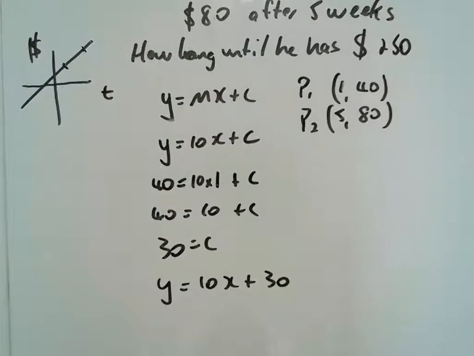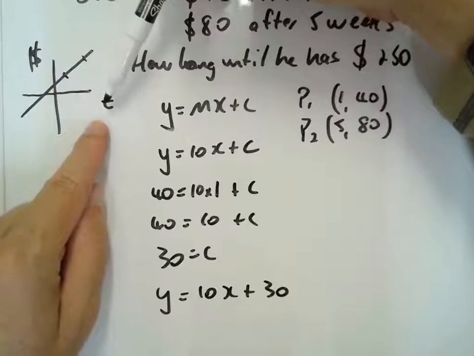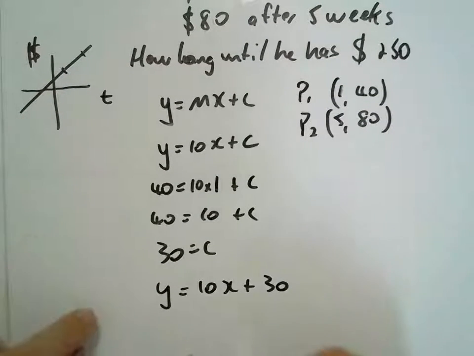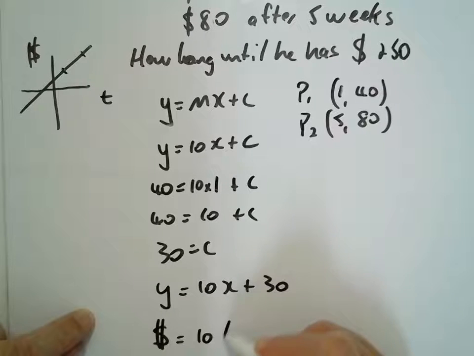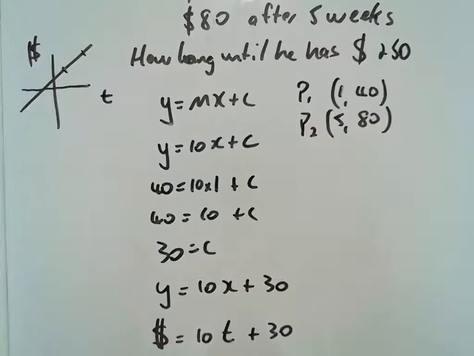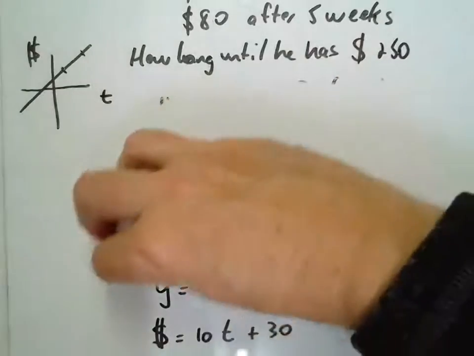Potentially you might also like to put this in terms of dollars and t to make it resemble what the question is. So I could actually write dollars equals 10 multiplied by the number of weeks plus 30. That's most of it done, but we haven't actually answered the question, have we?